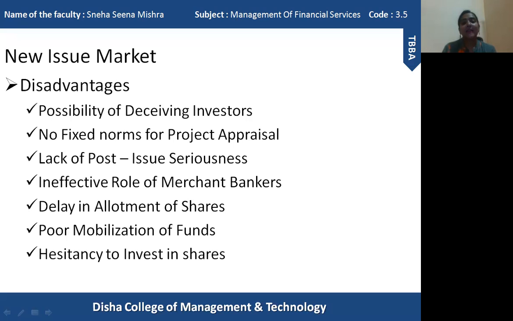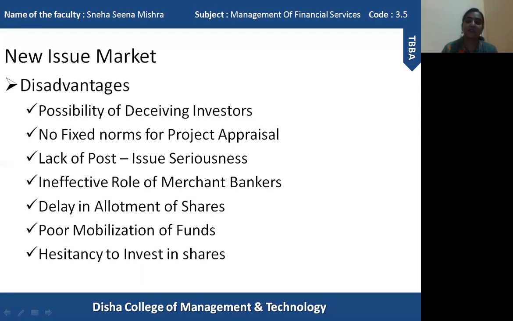Next one is lack of post-issue seriousness. So once a company has issued certain kind of security and all the security has been subscribed, after that, the seriousness of the company actually reduces. The different procedures that take place after the issue of the shares, after subscription of the shares, even there the seriousness of the company reduces.